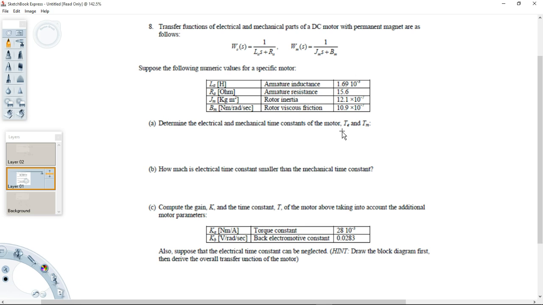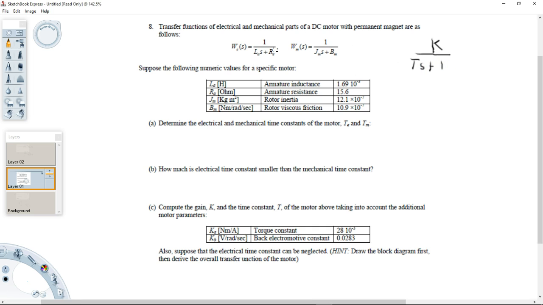So for this one, they want you to know how the time constants of the brushed DC motor relate to each other between the electrical contribution and the mechanical contribution. So like we did before, this is a first order system because of this s. If you want to know your time constant, you just follow this form.